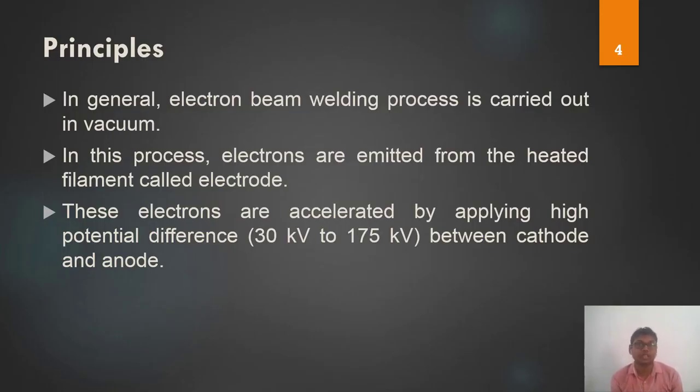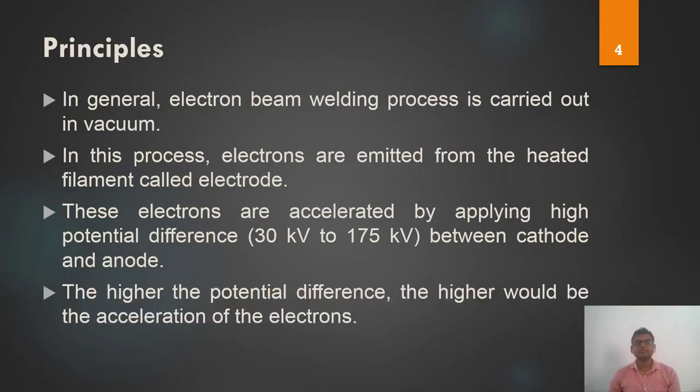That much voltage is applied. Now you can understand the speed that is gained by the electron beam. This voltage accelerates the electron beam at a very high speed, and it travels from cathode to anode. It starts from the cathode and goes towards the anode.